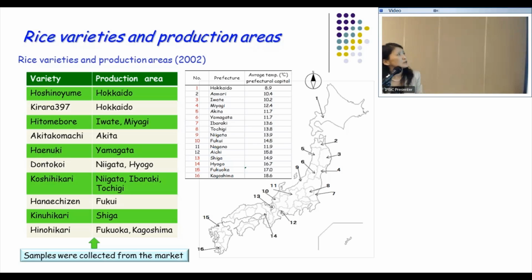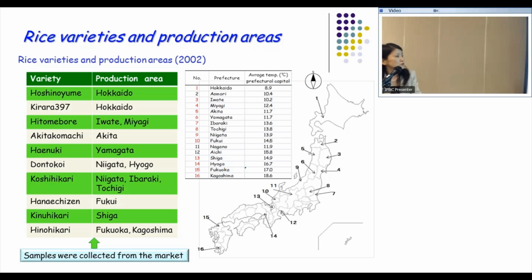Thus the selection of the variety is very important based on the production area. For the samples of 2002, we chose 10 varieties of rice and 13 production areas.